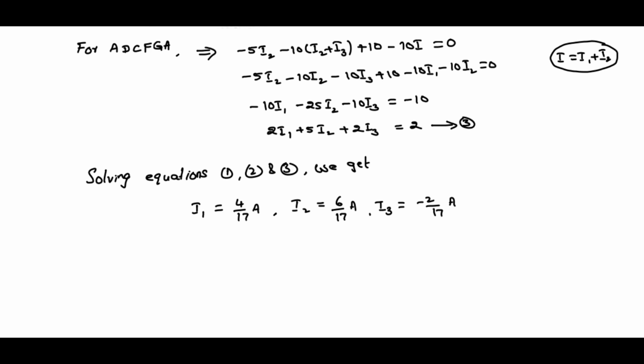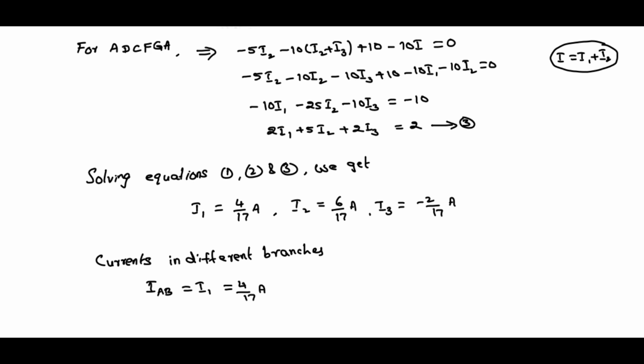And the question asked is the current through each and every branch, that is, currents in different branches. So the current through the branch AB is equal to I1 only, that is nothing but 4 by 17 ampere.